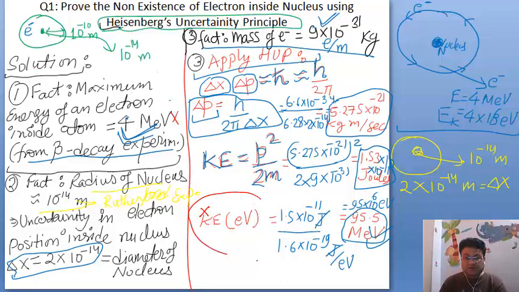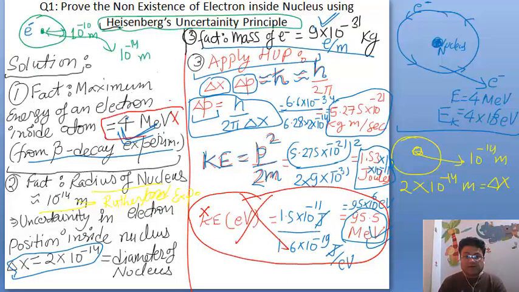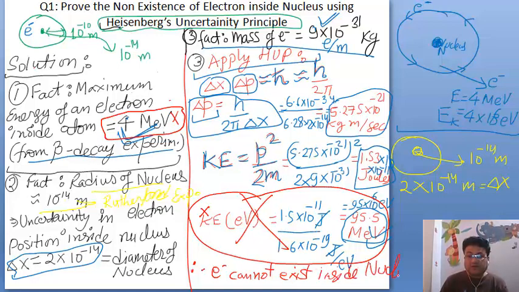This is wrong actually, because the electron is found to have a maximum kinetic energy of 4 mega electron volt. So we can say that an electron cannot exist inside the nucleus. Why? Because it would have to have a very large energy to be there, and it does not have that much energy inside an atom. Okay, thank you.